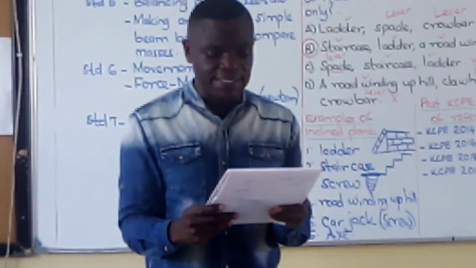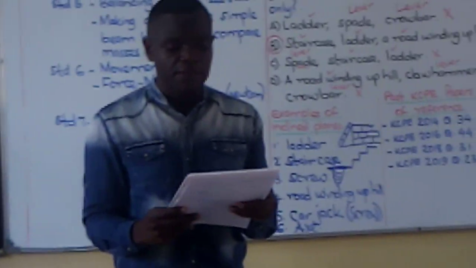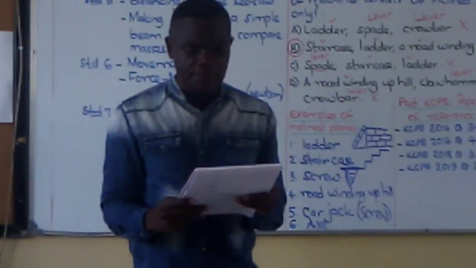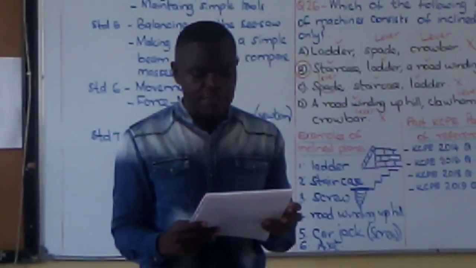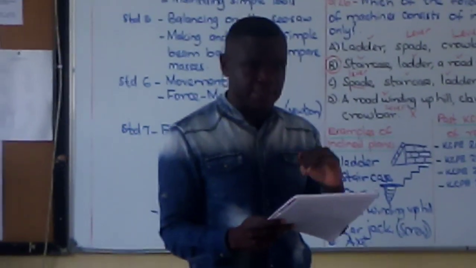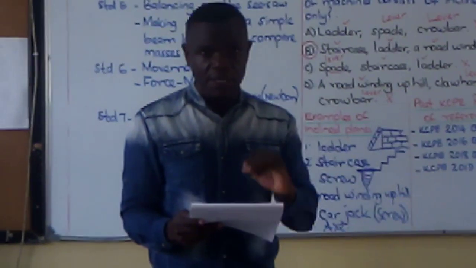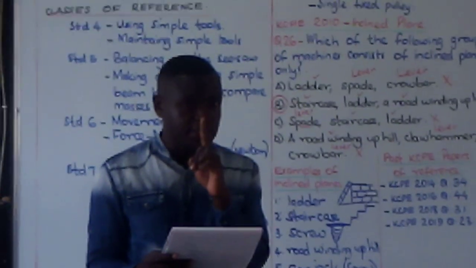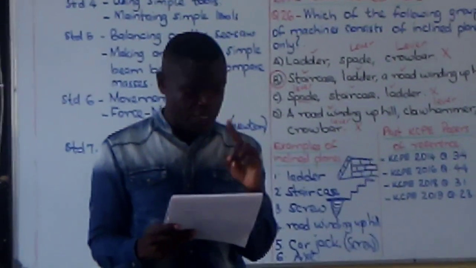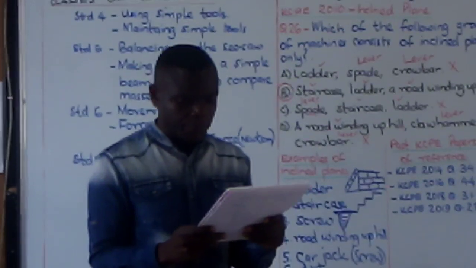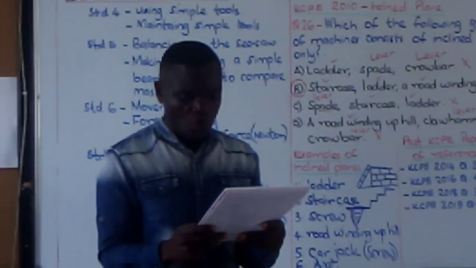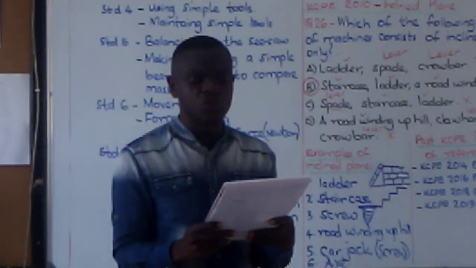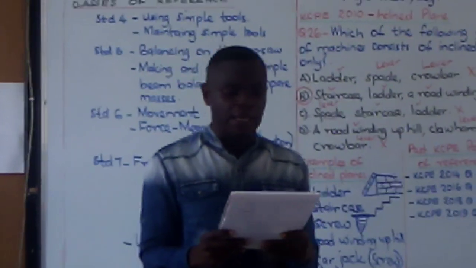2013, question 18 is about levers. 2012, question 10 is about levers. And so levers are so dominant in KCPE. There is not even one question paper that can miss levers. So be informed. Then there is the balancing on the seesaw, the balancing on the beam balance to measure the weights.